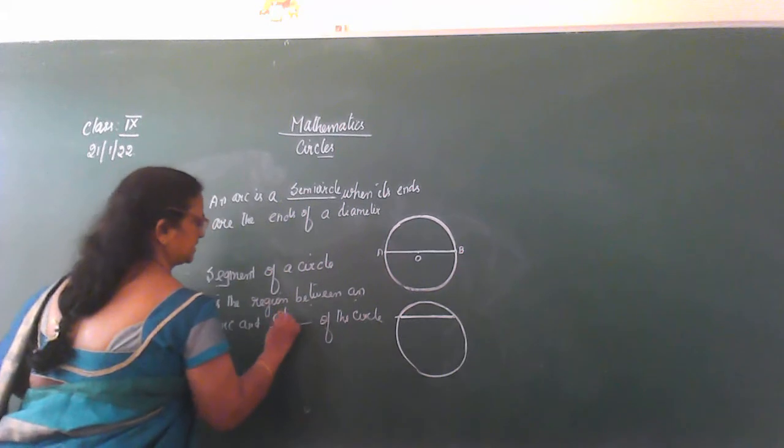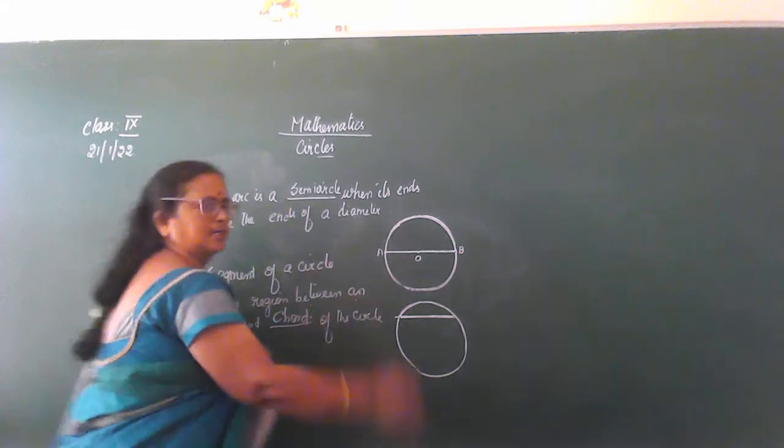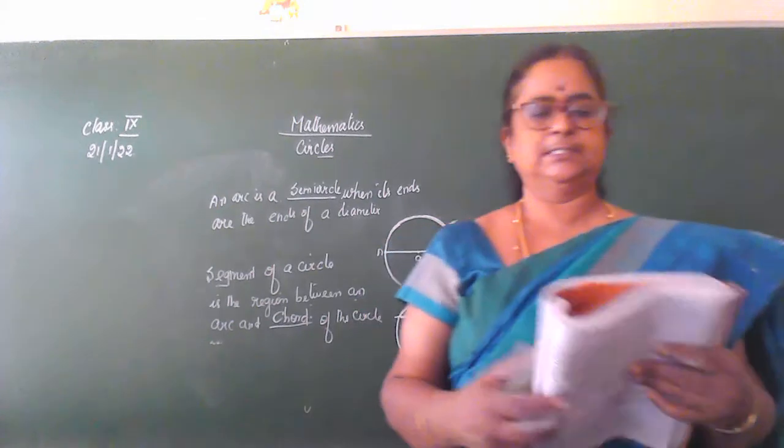Very good. Chord of the circle. So a segment is the region between an arc and a chord of a circle.